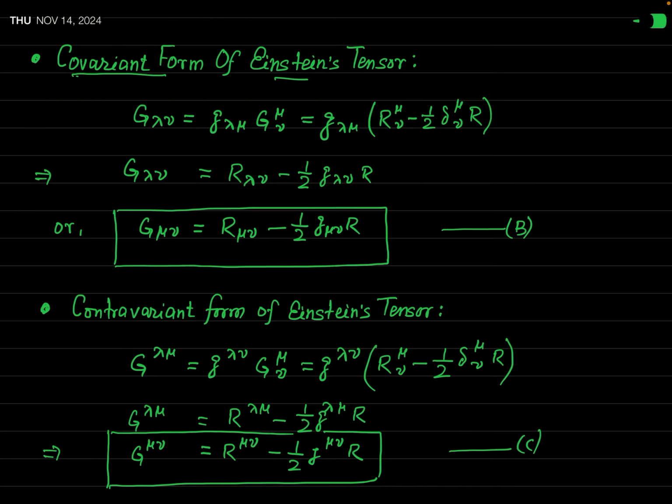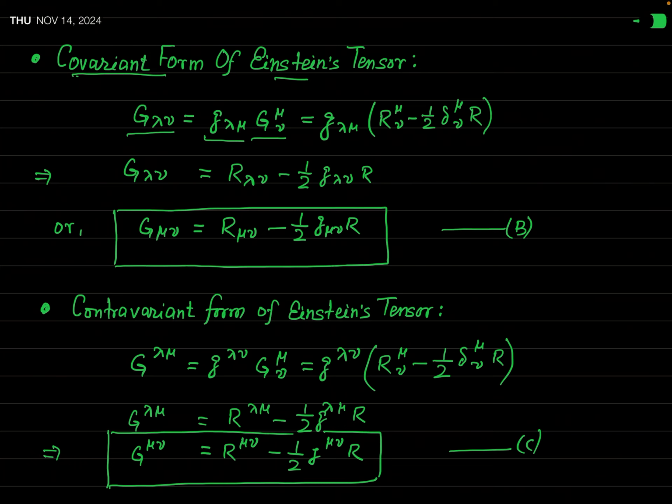For obtaining the covariant form of the Einstein tensor, let us see. If you want to write a covariant tensor, let us say g lambda nu, this can be written as the inner product of the mixed tensor g mu nu and the covariant fundamental tensor g lambda mu.